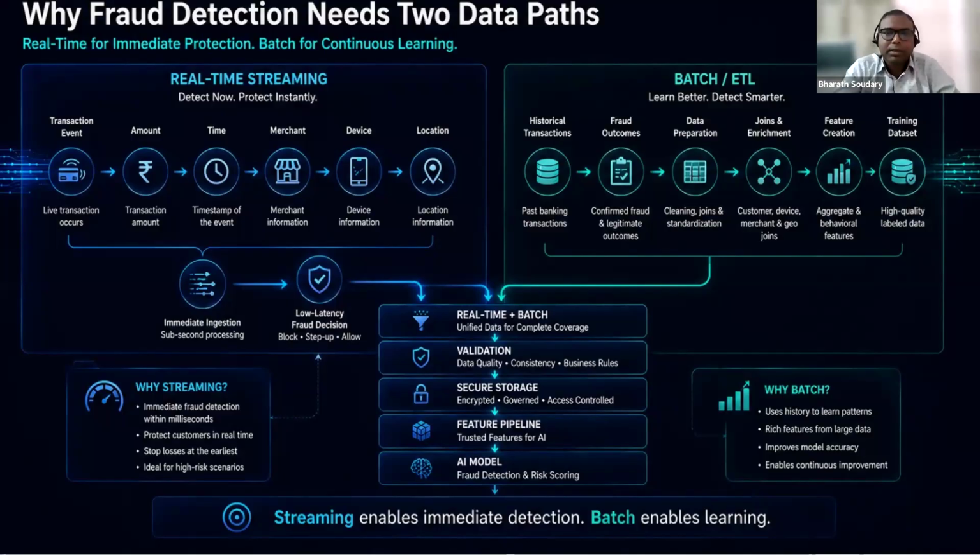The bank processes and calculates the customer's average monthly spending, typical transaction times, common locations where the customer transacts, frequent merchants, and normal transaction frequency. These patterns help the model learn what is a normal transaction and what is abnormal.